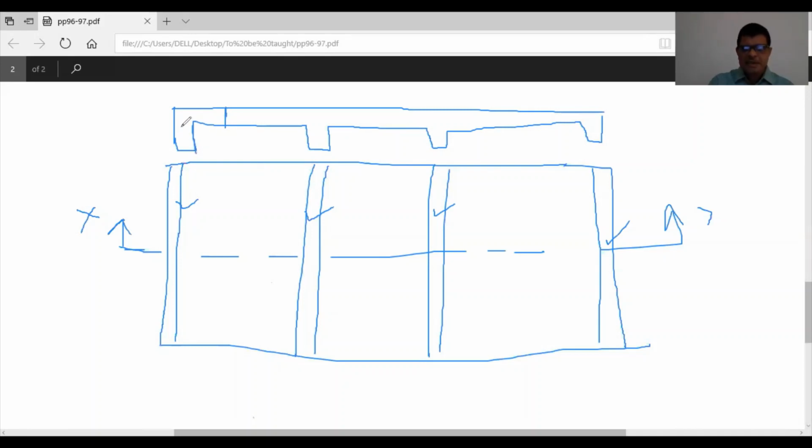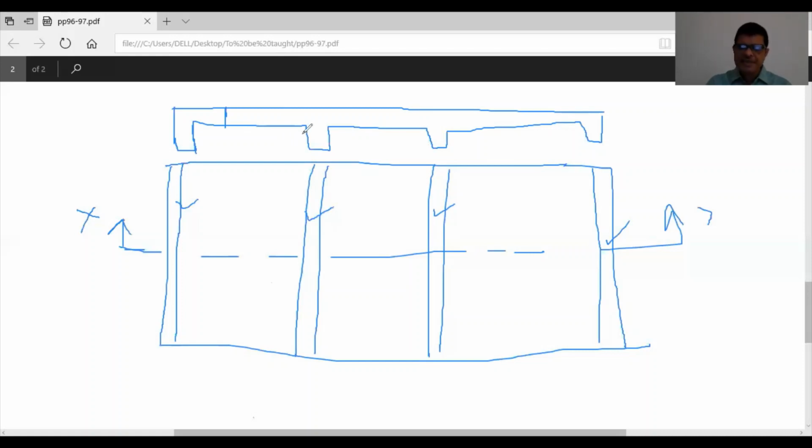The behavior of these kinds of beams, when the beams are integrally built with the slab, that means monolithic construction. If you put the reinforcements in beam and slab and then cast the concrete at a time, they call it monolithic construction.